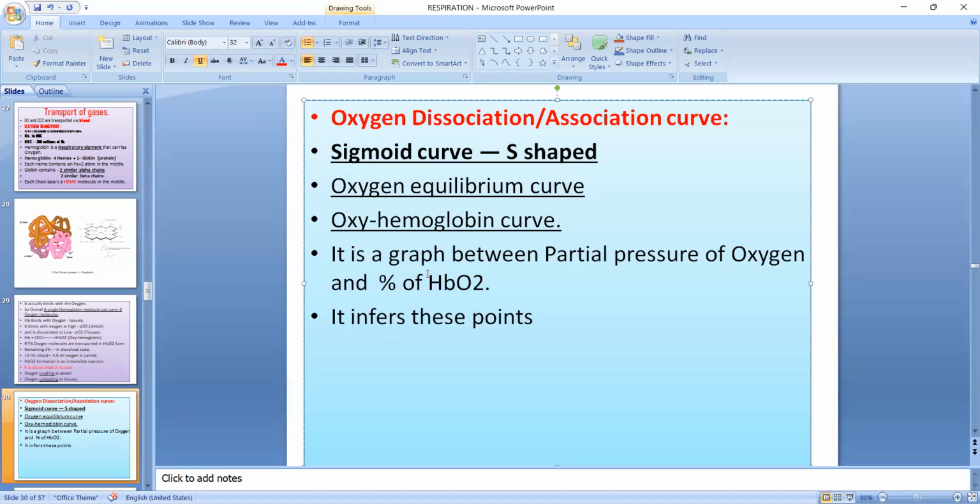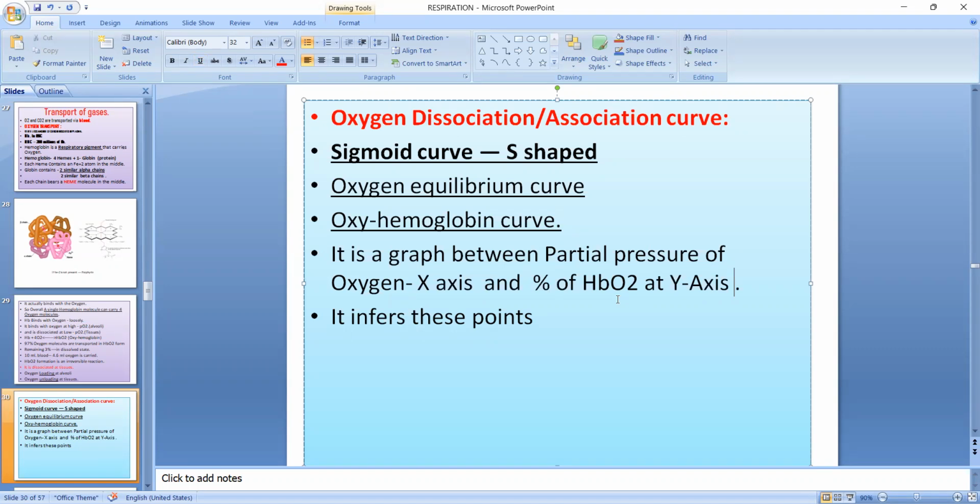It is a graph between the partial pressure of oxygen on the x-axis and the percentage of HbO2 on the y-axis.